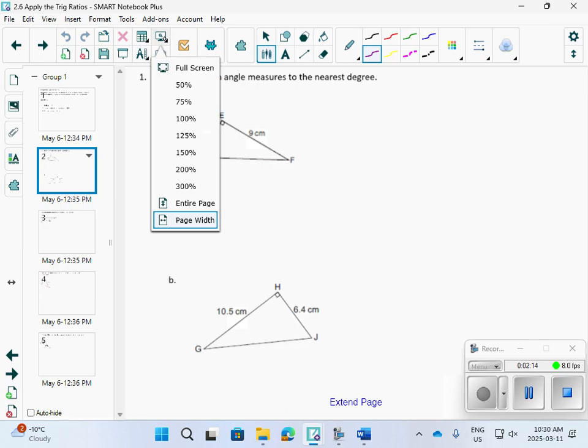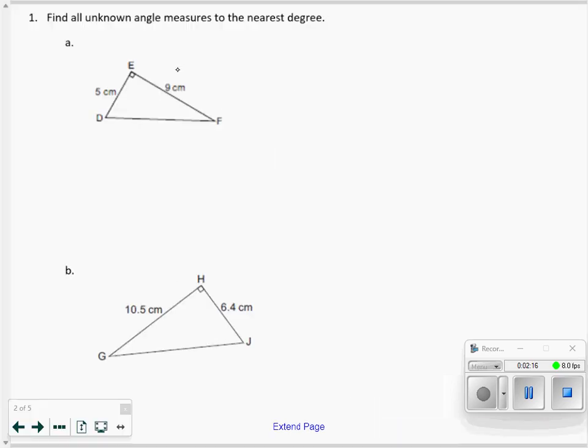All right, so first thing we have to do is just identify what we're given. Find all unknown angle measures to the nearest degree. So we're just finding the angles. Do you want to start with D or F? Choose D. Okay. So when I'm looking at that angle, my 9 is my opposite, and my 5 is my adjacent.